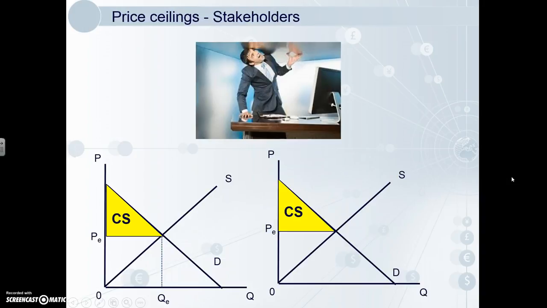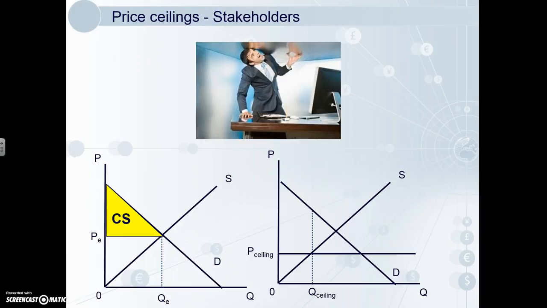Okay, consumers. We'll see how some gain and some lose here. So, we know consumer surplus in a free market looks like this. Now let's put in the price ceiling. Get rid of that, put in the price ceiling. We've got a lower quantity here.